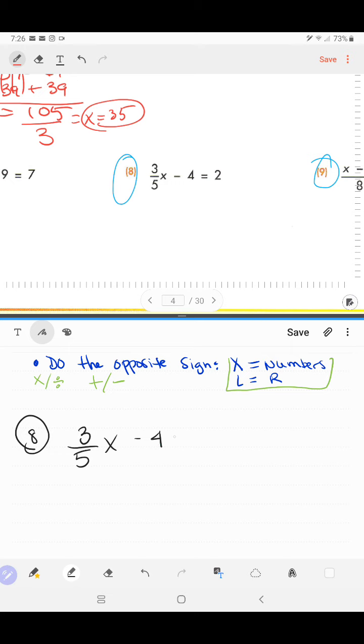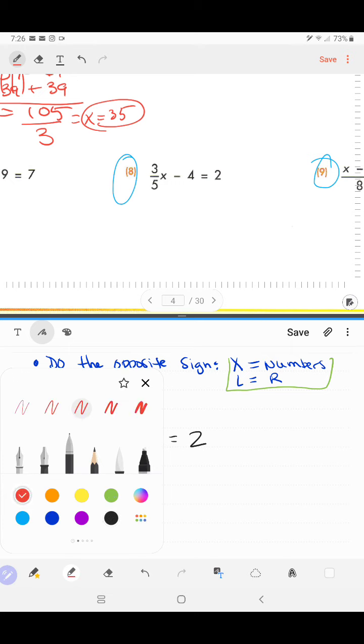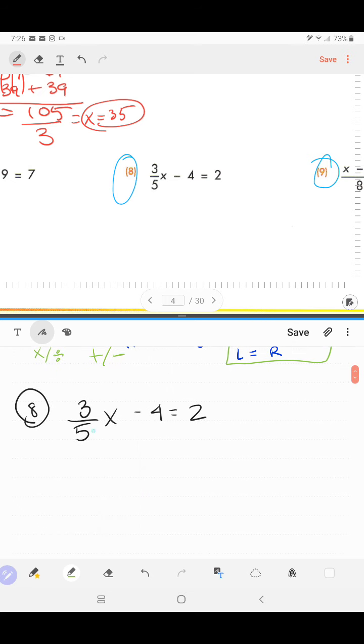This is actually a 3-step equation. All of this goes with the x. So x's equals numbers. Those are right. This is on the wrong side, so we have to go ahead and move that.